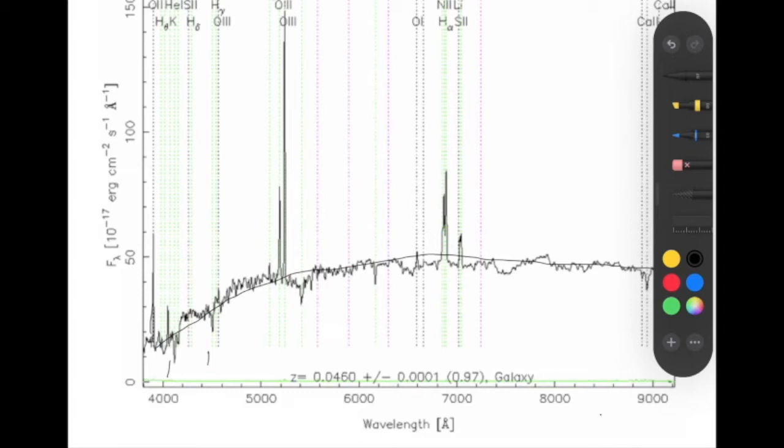Wherever you have a line, you note down the wavelengths, and then you ask what these spectral lines are and where they are coming from. For example, if I look at this particular line, which electronic transition is causing this line?